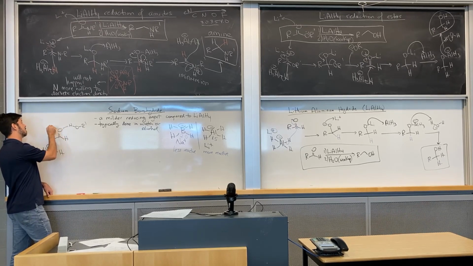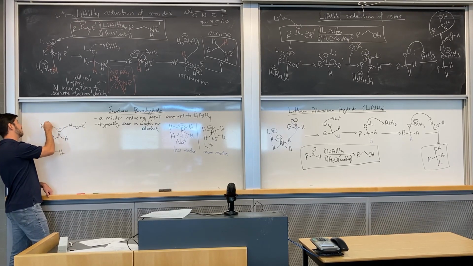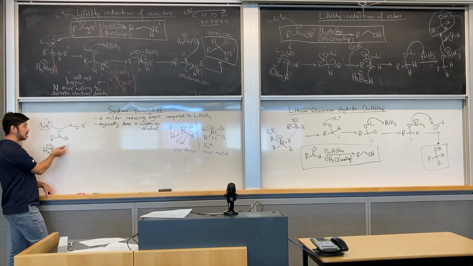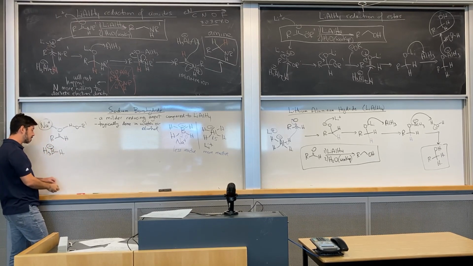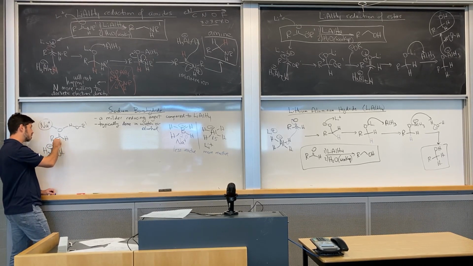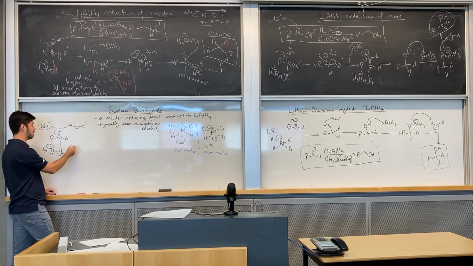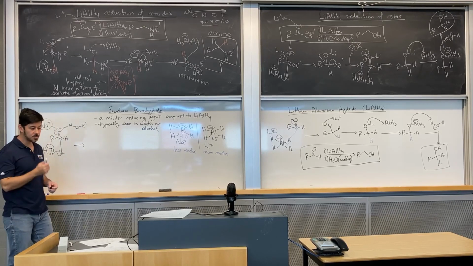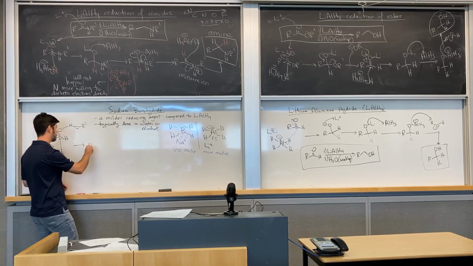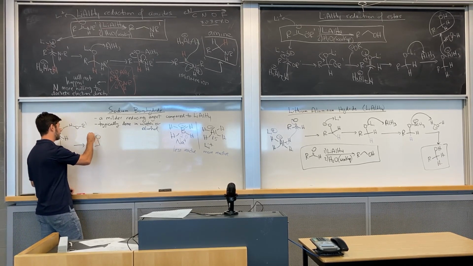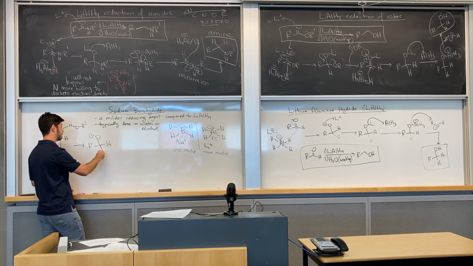In addition, you have your sodium metal that it can also coordinate with. So this is necessary to activate the aldehyde or ketone so that you can get nucleophilic hydride attack occurring, like I'm showing you here. Once you do that, it's fairly straightforward.